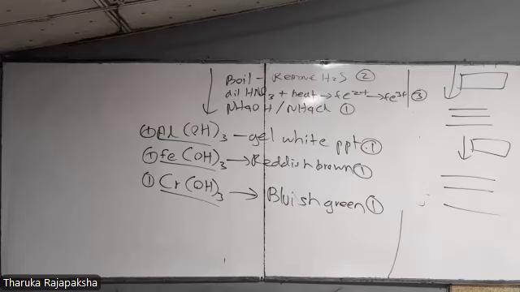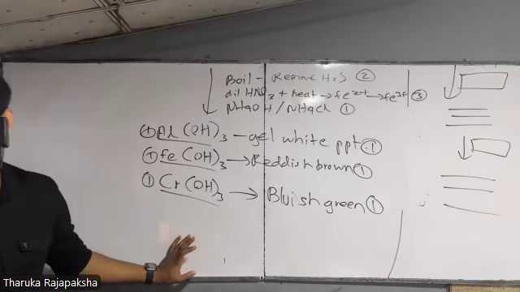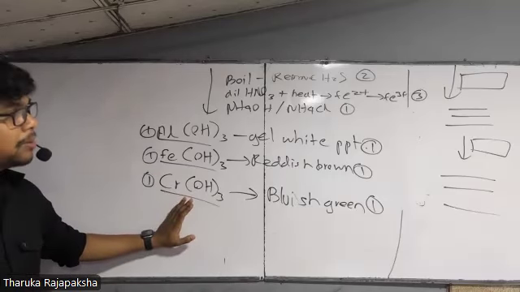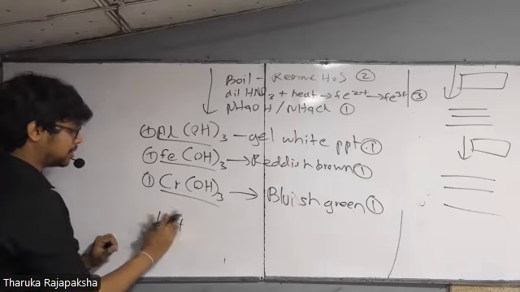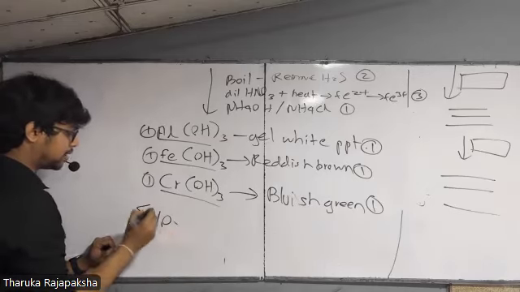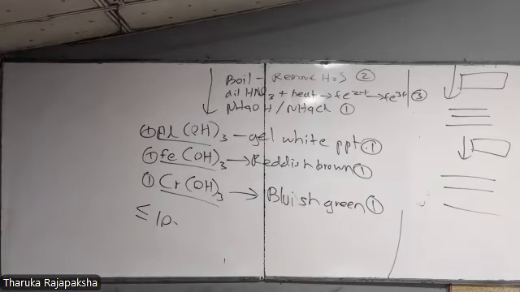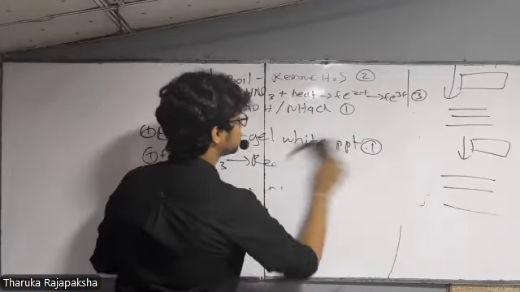Nice. 9. There you go. Enough, no issues. If you have got more than 5, good. Majority of you got 10 plus, so I'll say greater than or equal to 10. Okay. Now, next one.